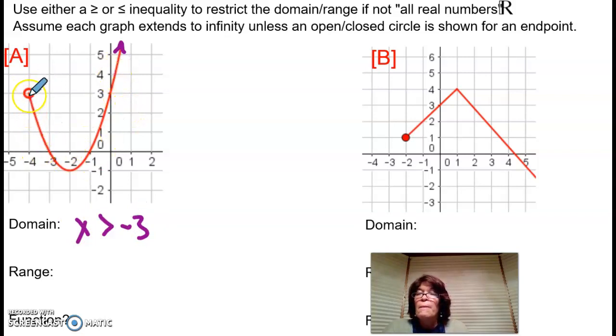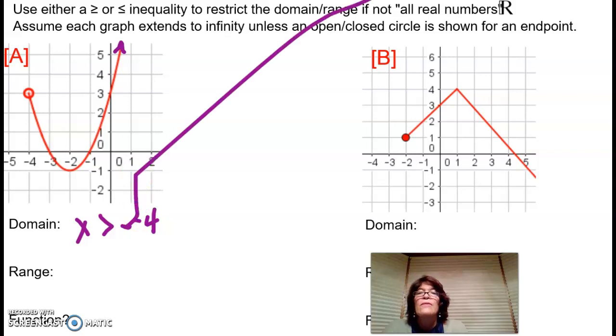Sorry, that's not -3, is it, guys? What is this right here? Drop down: -4. X is greater than -4. Okay, it can't be equal to -4. It's just greater than -4. So be careful. Don't put the greater than or equal to.